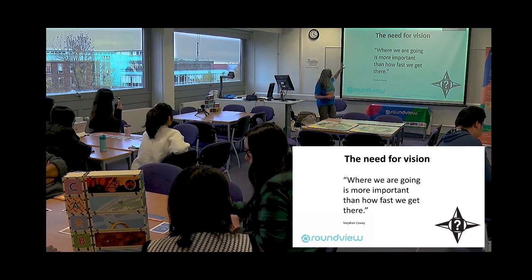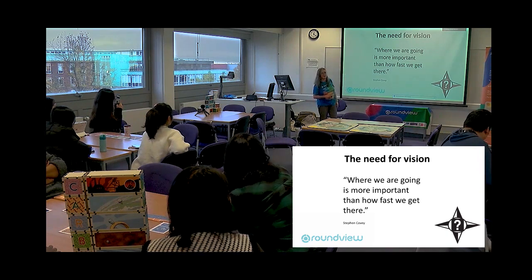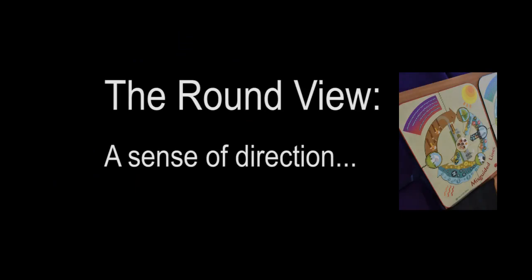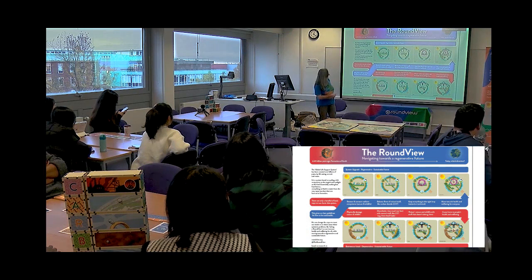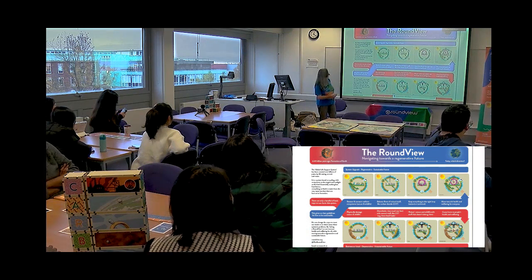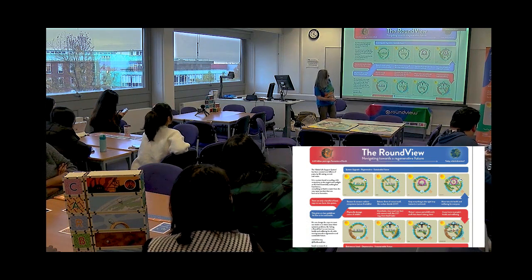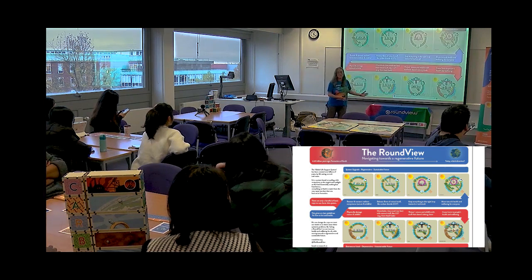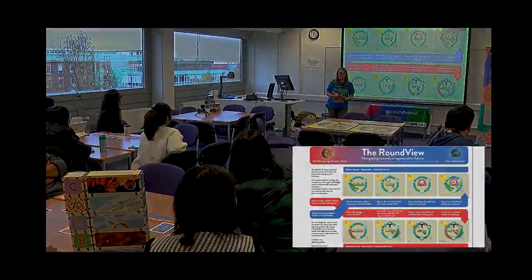It gives us an understanding of what it is we need to do to move in the right direction. And it's basically all about a sense of direction between physically damaging and restoring, overwhelming and balancing, poisoning and cycling in the right loop, and considering the impact on people. That basically is what the RoundView is, a very simple framework for understanding the impact of our decisions.